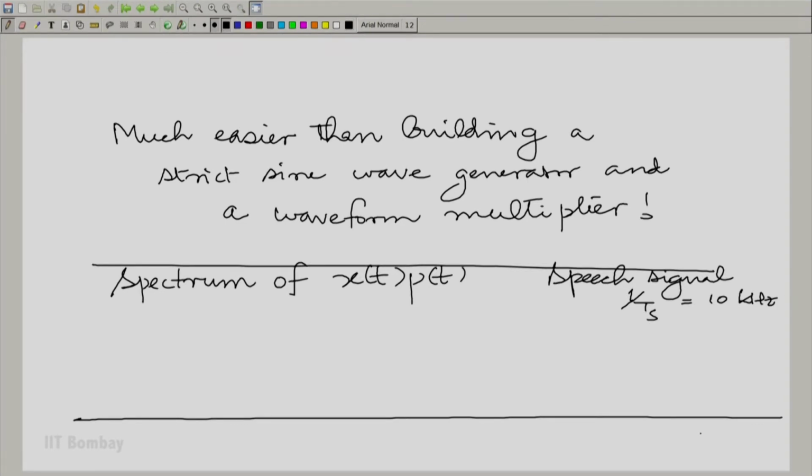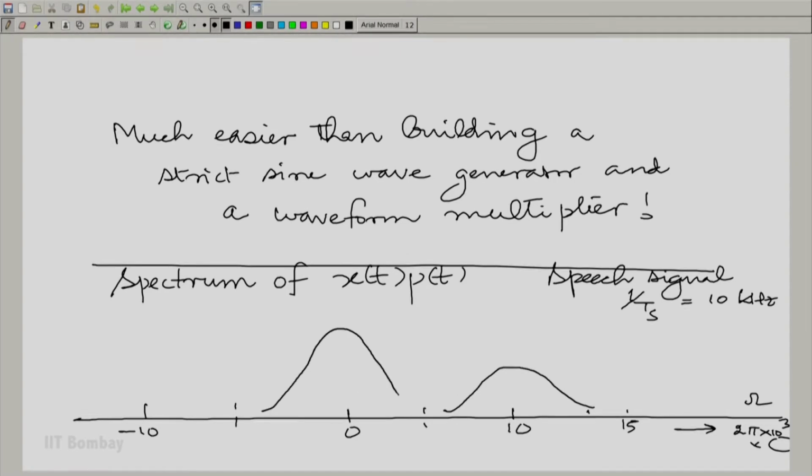I will draw this in terms of 2 pi into 10 to the power 3, and I am writing only the multiplier part everywhere. So, I have 10 here, minus 10 there, 0 there, 5 somewhere in between, and 6 here. You would have these carbon copies coming, and it is the carbon copies that you want, remember now.